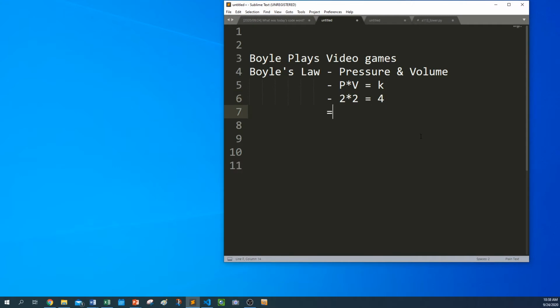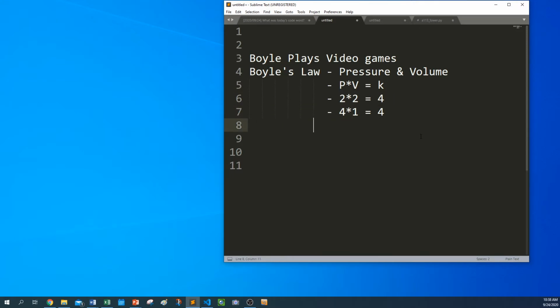So, if I increase pressure up to 4, what must happen to volume for K to stay 4? 4 times what is equal to 4? 1. So, if I increase pressure from 2 to 4, volume had to go down.